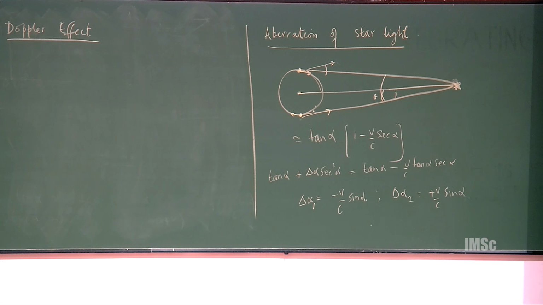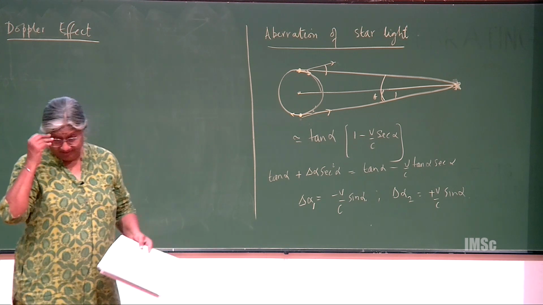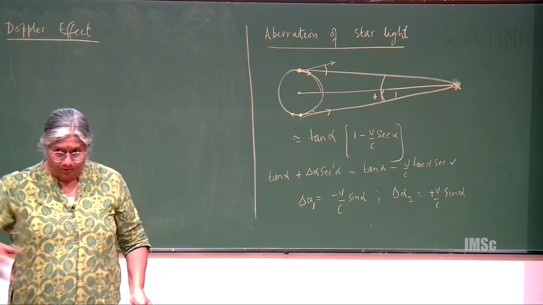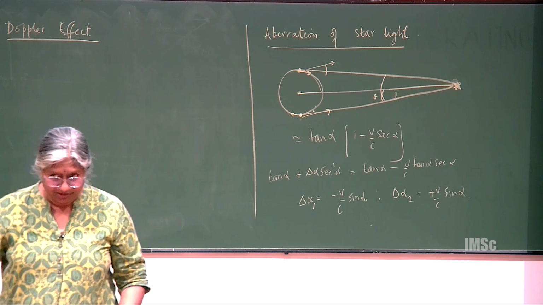So earlier we had the velocity of the earth, because it's going around the sun, causing aberration in stars. Now it is the source, which is the star itself, moving with respect to the observer, which causes the Doppler effect. So I hope you understand the difference between the two. The star can recede, or it can also go in the transverse direction.